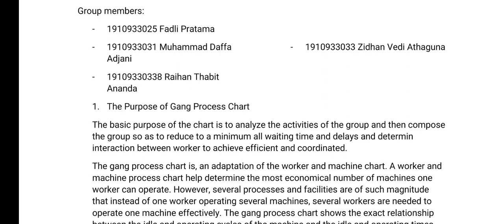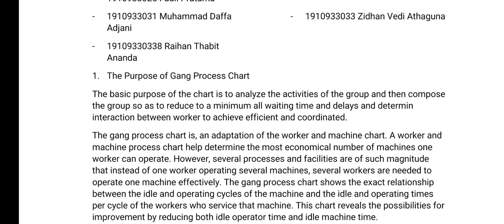So, the gang process chart shows the relationship between the idle and operating cycle of the machine, and the idle and operating times per cycle of the worker who serves the machine.